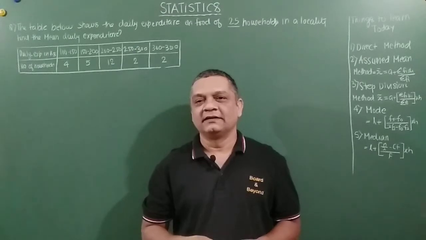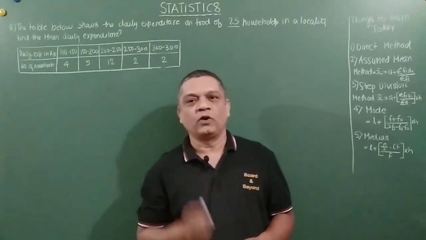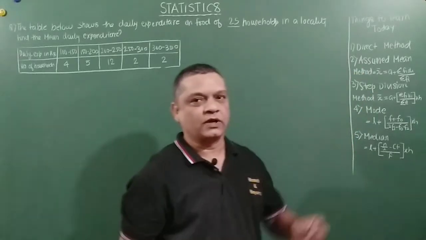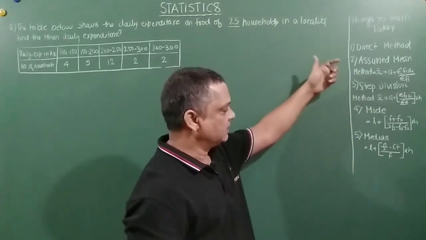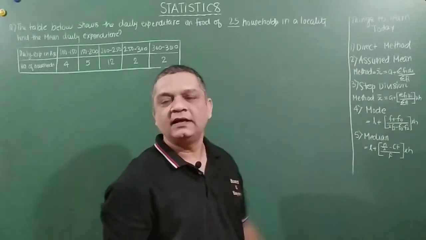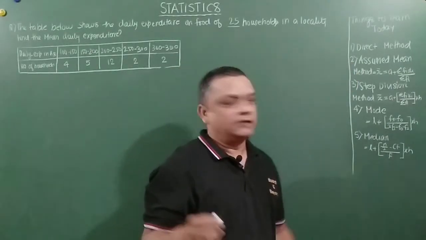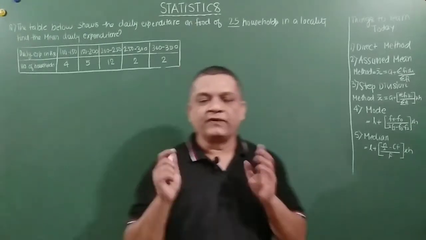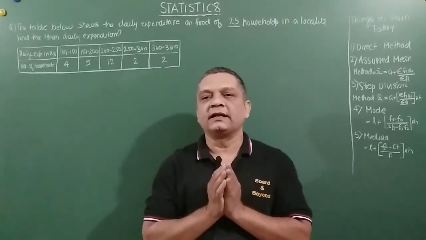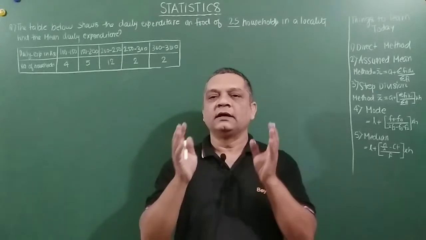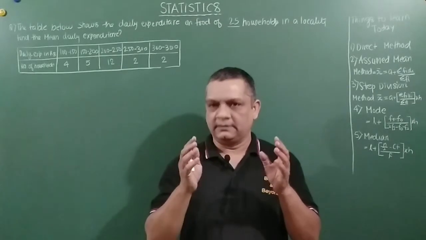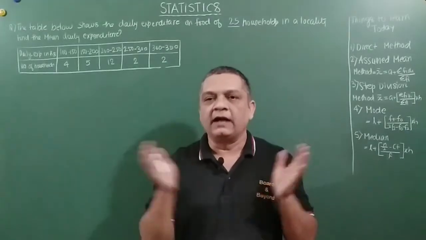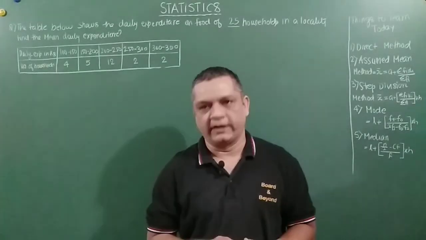So friends, in this session we are going to understand these five points basically. I have written it very small, so I'll just read it out for you. We are going to understand the three major measures of central tendency, that is mean, median and mode, and how we find them for grouped data.